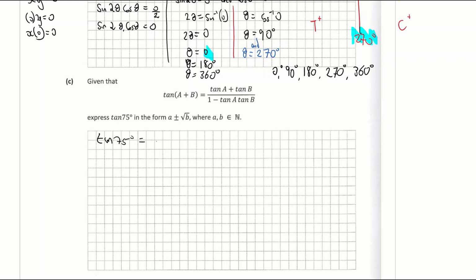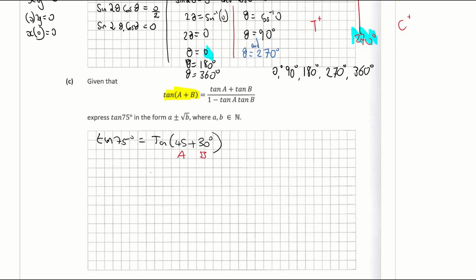75 can also be written as 45 plus 30 degrees. And I'm trying to manipulate my tan 75 so I can rewrite it as tan of A plus B. My A is going to be the 45 and the B is going to be my 30.